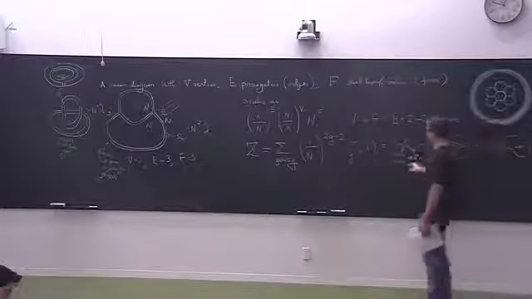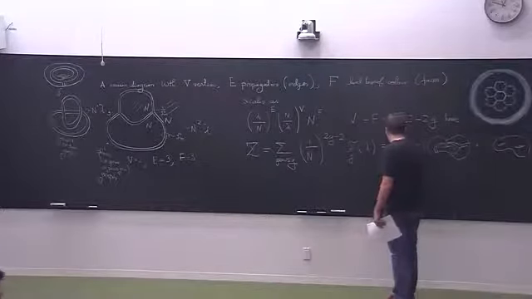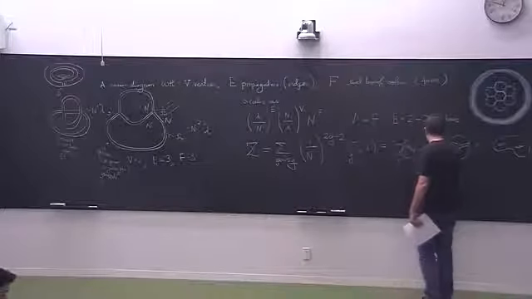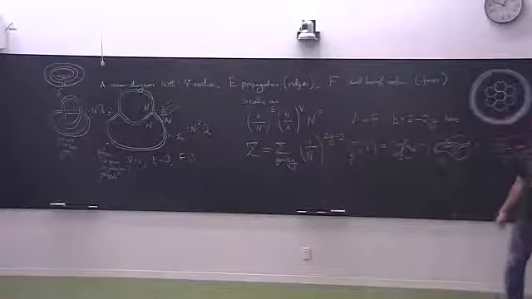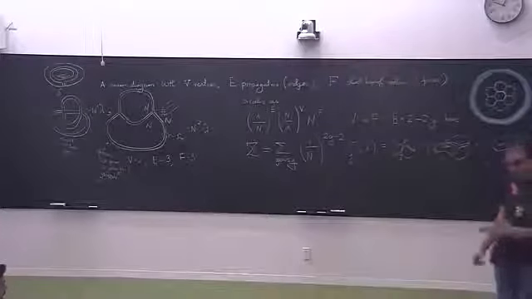These diagrams come with a power of n squared, these ones with power n to the 0, this one n to the minus 2, and so on. Okay?